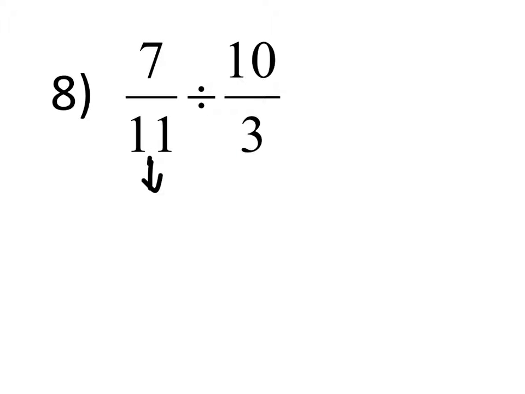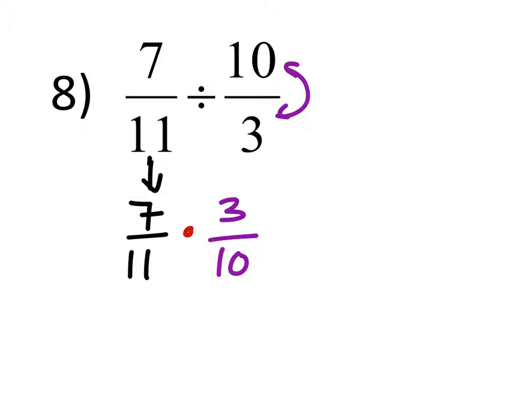On this one, I'm going to look at it a little differently. I'm going to use the prime factorization to show what this will end up being. I've got to change that to multiplication by reciprocating this fraction, so I got 3 over 10. So I got 7 times 3 over 11 times 10.